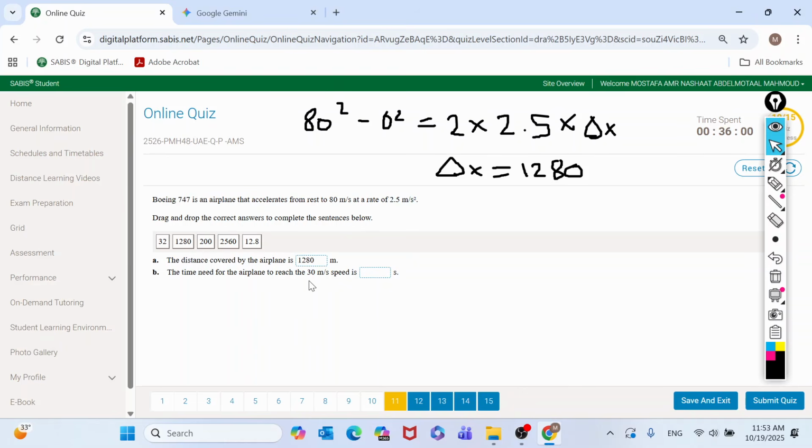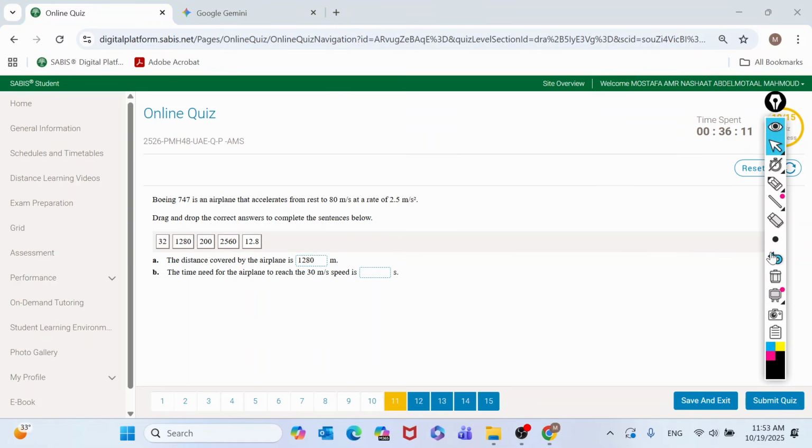The time needed for the plane to reach the 30 meters per second speed. Okay, so this one we're going to use the normal formula. v equals at plus v0.